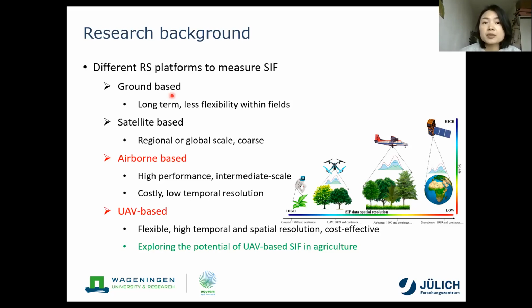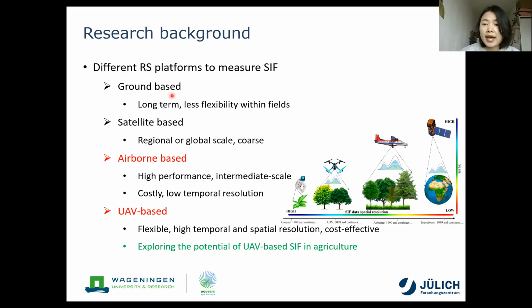Satellite-based platforms can give us a SIF product at regional and global scale, but the spatial resolution is too coarse to get very accurate SIF information over small-scale farmland.